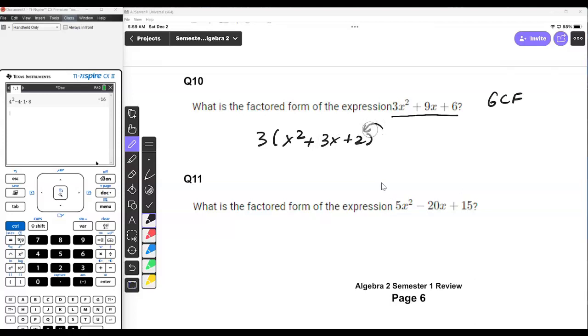Then you have to look at 2 and identify 2 numbers that you can multiply to give you 2 but add to give you 3. So you have to find the factors of 2. So you have 1 and 2. You have negative 1 and negative 2. And you start adding. So it is 1 and 2. So you have 3 parentheses x plus 1 and x plus 2.